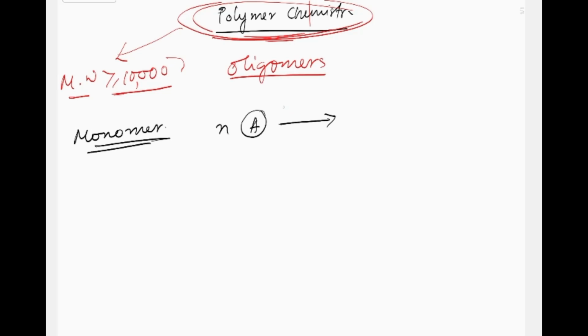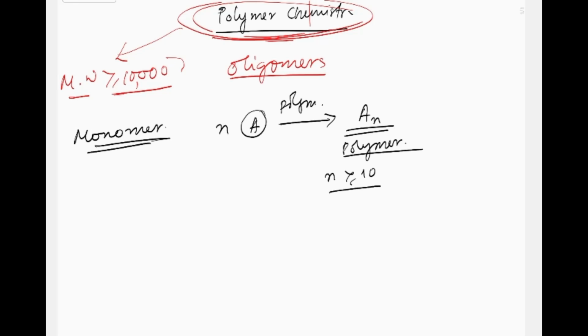So nA, as the polymerization reaction goes on, forms An. This An becomes a polymer if this n value is greater than 10. This is another definition of polymer.